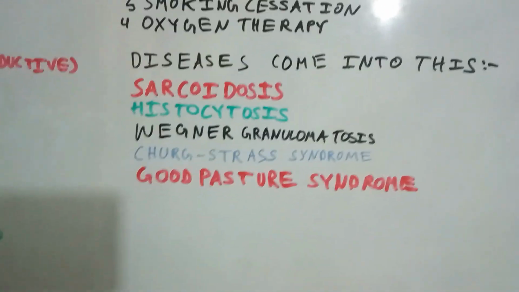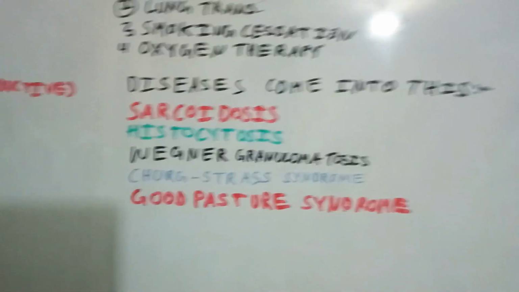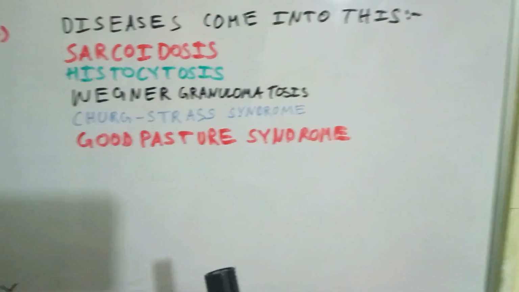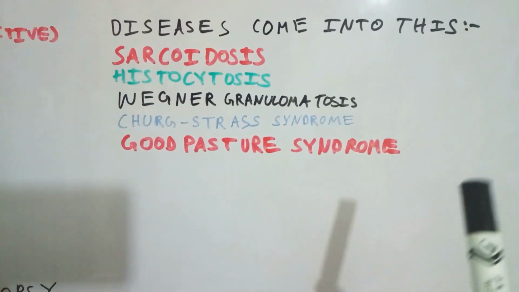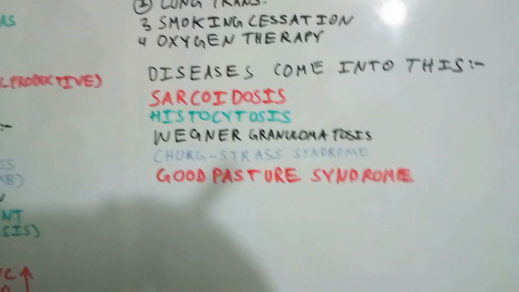There are many diseases that come under this one, but I'm going to discuss only a few which are very important for medical students. First is sarcoidosis, histiocytosis, Wegener granulomatosis, Churg-Strauss syndrome, and Goodpasture syndrome. So what happens in sarcoidosis?